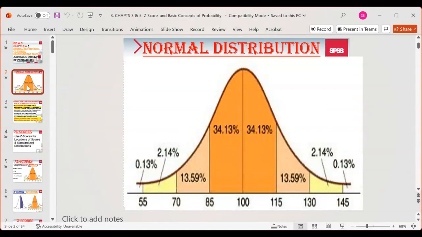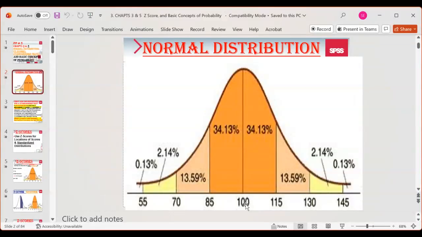Back to the normal distribution, or bell-shaped distribution. As you can see, the majority of scores are in the middle, almost 70% of the population. What you're looking at is the IQ distribution, and right in the middle, 100 is the average IQ score.